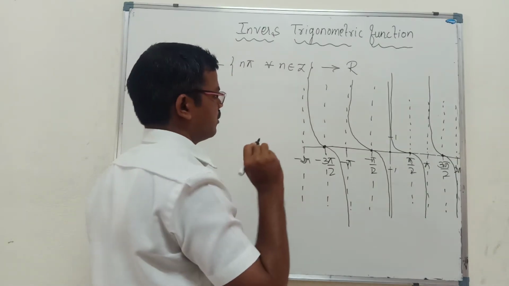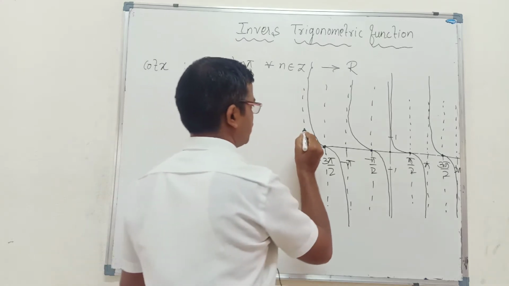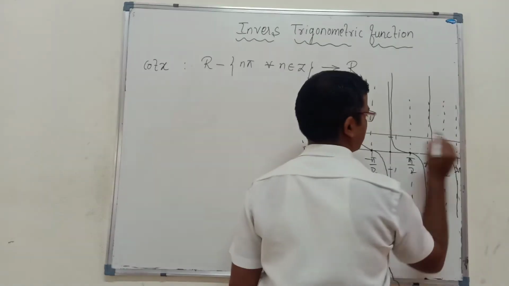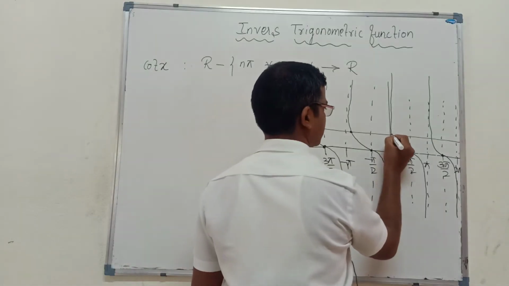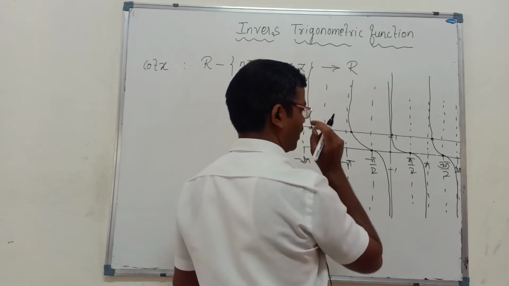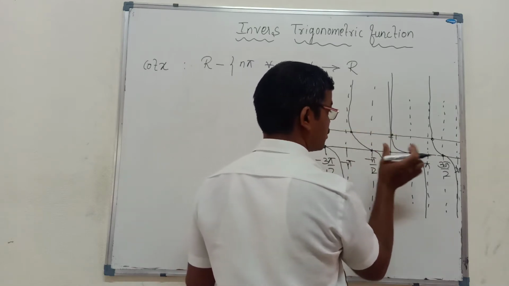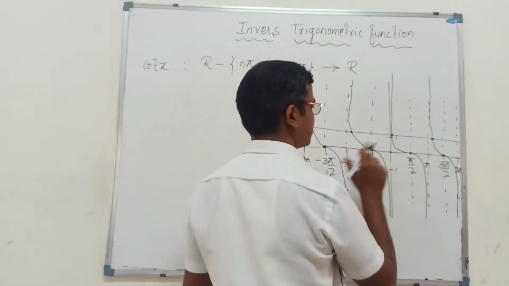So how do we identify whether it is one-one or not? Simply we draw a line parallel to the x-axis and mark where it intersects. There we identify in which interval we get only one point of intersection of the line with the curve.